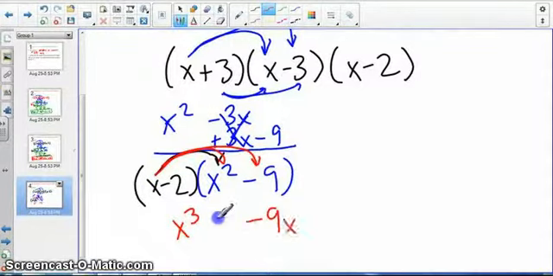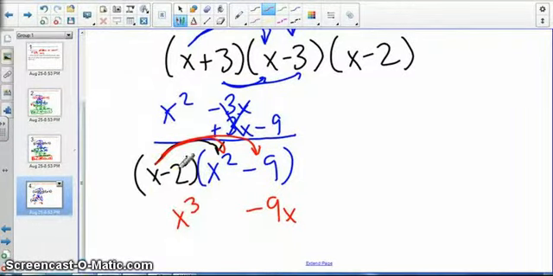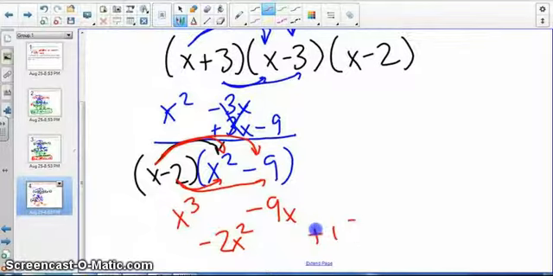If you notice, I'm leaving a space here because usually this is where x squared would be. Negative 2 times x squared is negative 2x squared. So now I can line that up. And negative 2 times negative 9 is positive 18. That doesn't have a like term.